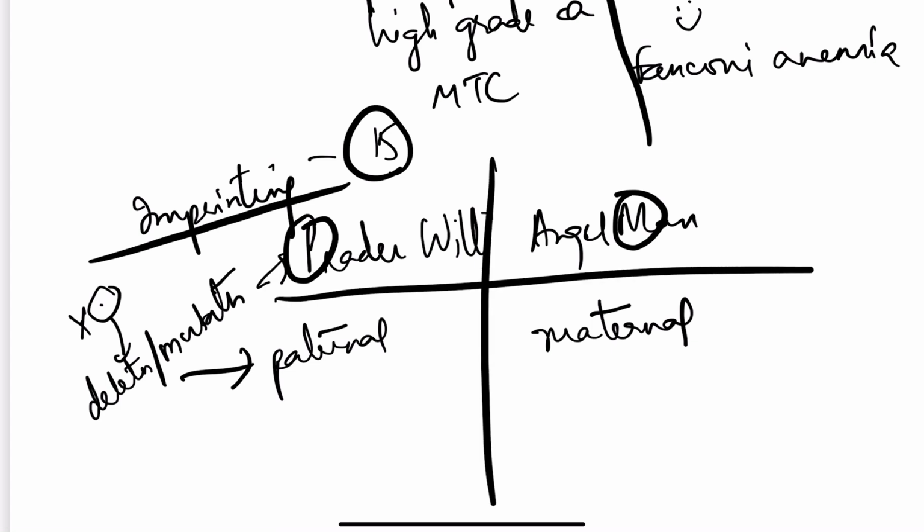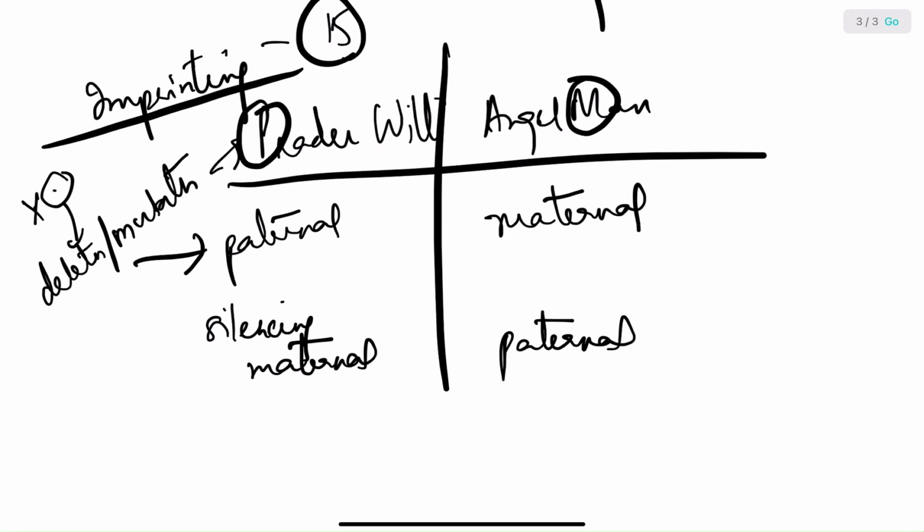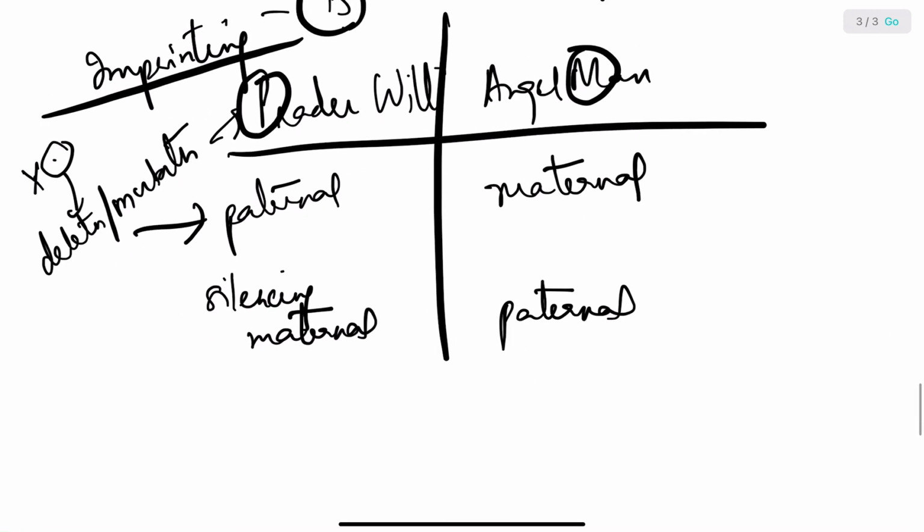So I hope we realize imprinting is of the other. So in Prader-Willi, there is silencing of the maternal allele, and here it is silencing of the paternal allele, but that is not the major problem. The disease is manifesting because of the deletion or the mutation and not because of the imprinting per se.